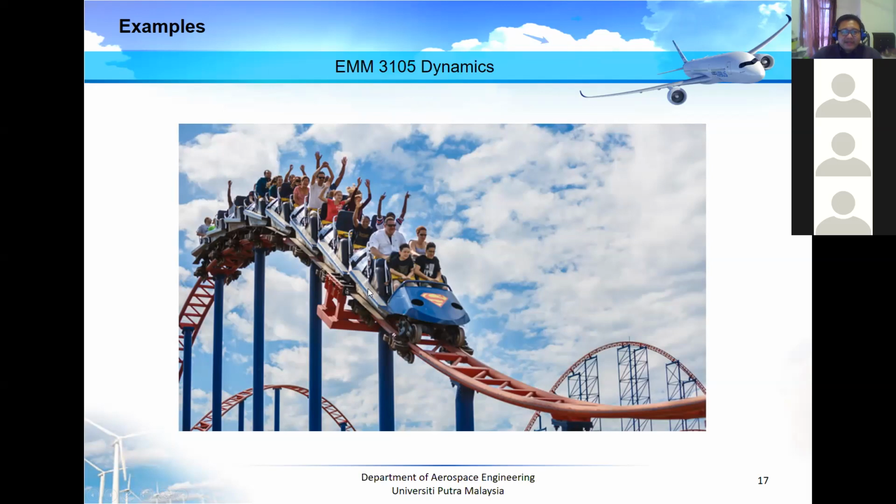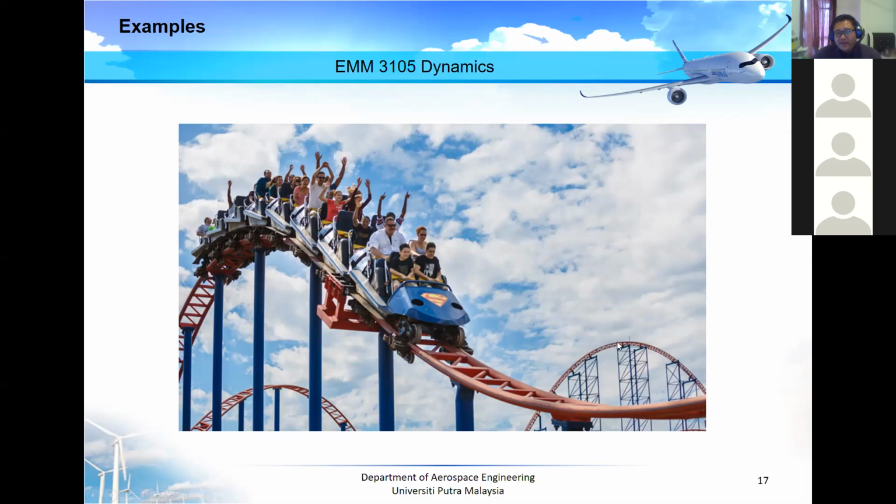You can actually do a little bit of analysis if you want, so that you can relate what you have been learning in class, that you can apply the energy methods so that you can know how fast this particular roller coaster can go.